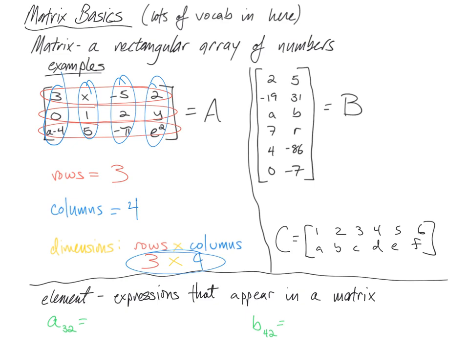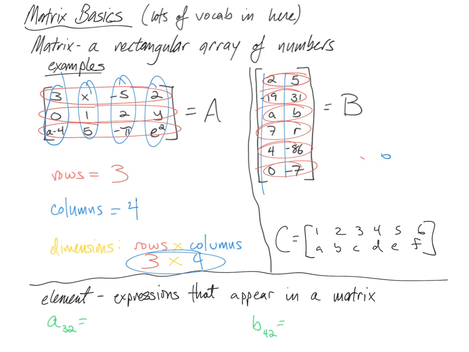Okay, so we can do something similar over here for matrix B. Matrix B has 1, 2, 3, 4, 5, 6 rows. And matrix B has, you can see here, 2 columns. So the dimensions for matrix B would be 2 rows by 6 columns. Oops, I did that wrong, didn't I?